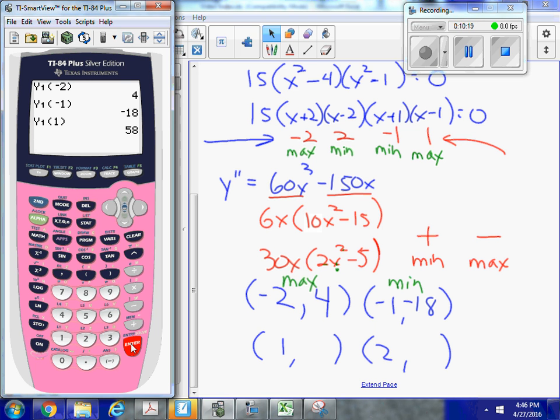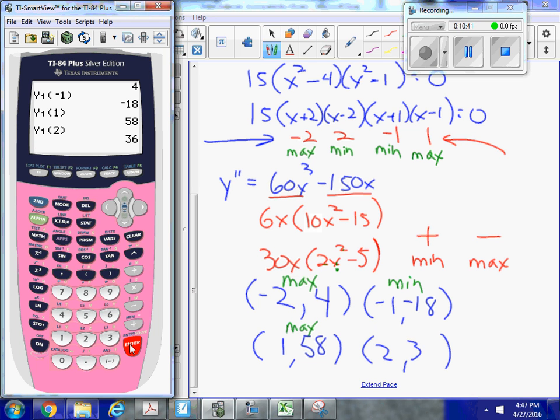Well, it's positive 58. That's kind of a big number. And at 1, we determined it was a maximum. And at 2, alpha F4, Y1, evaluate it for positive 2, and I find out it is 36. And that, we determined, is a minimum.